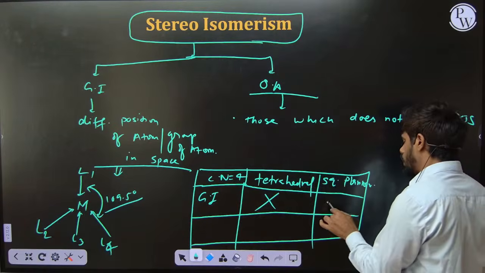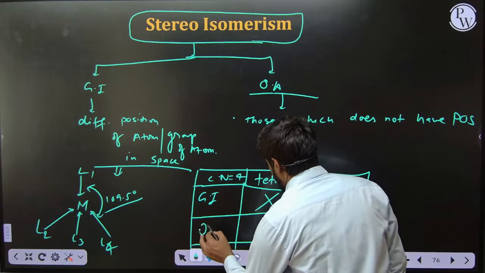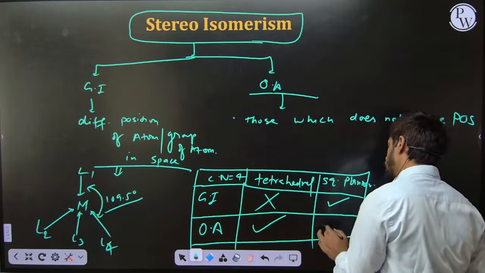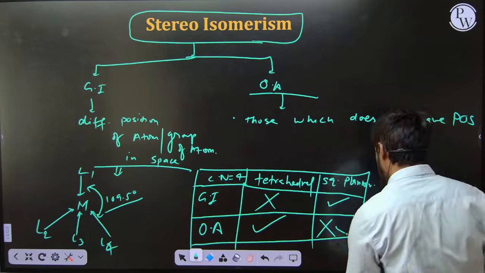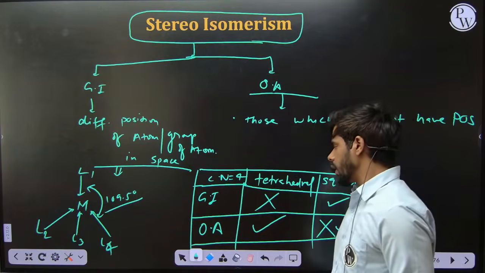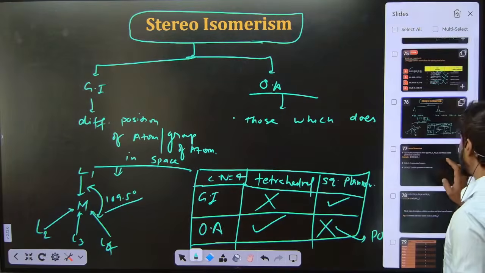In case of square planar, it can show optically active compound. In case of tetrahedral, it is possible. Square planar optically active is not possible as it has a POS. POS is there, that's why it cannot show optical activity.